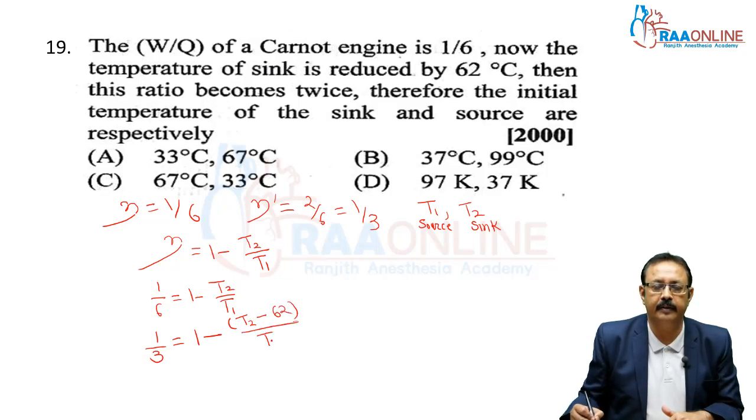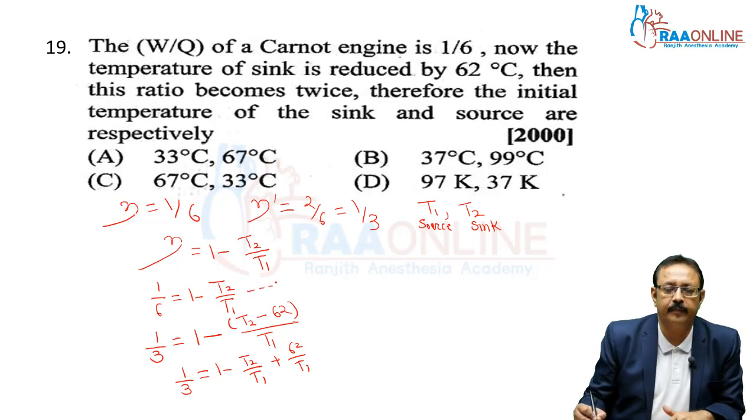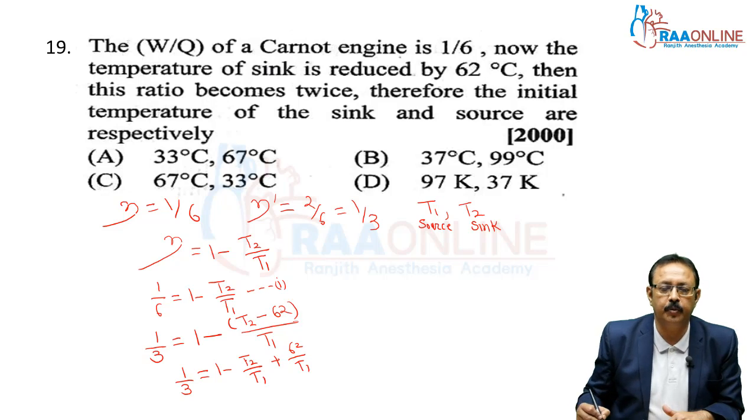Divided by T1, means 1 by 3 is equal to 1 minus T2 by T1 plus 62 by T1. Now we put the value of 1 minus T2 by T1 from equation 1 into equation 2.